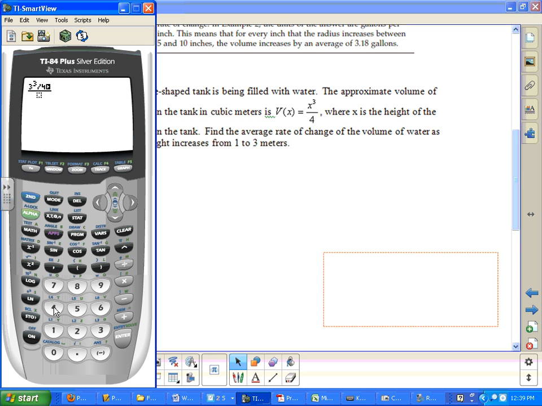Okay, 3 cubed divided by 4 minus 1 cubed divided by 4. Okay, there's my numerator, right? Let me help you out.